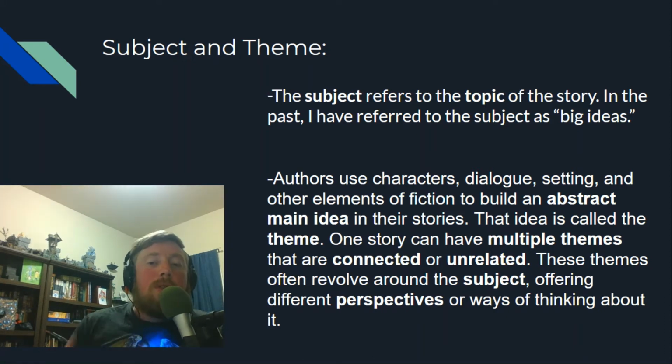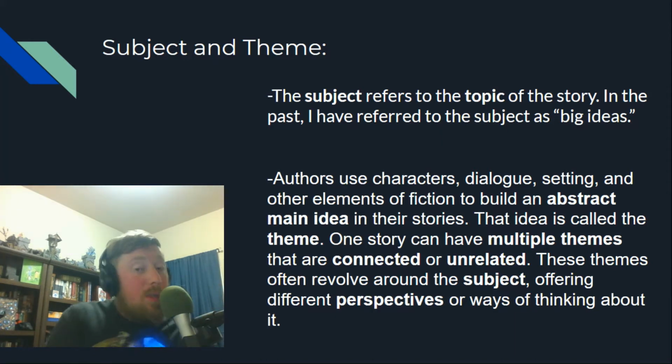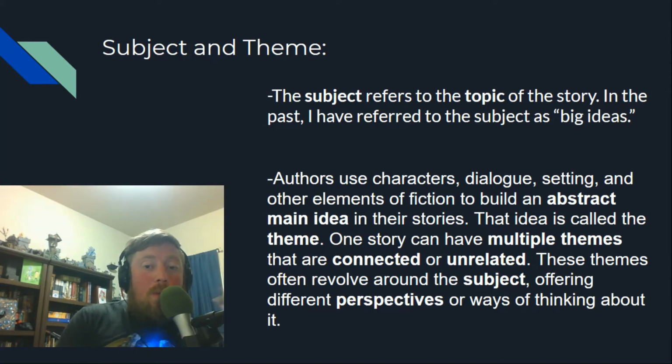And so authors use characters, dialogue, setting, and other elements of fiction to build an abstract main idea in their stories. And that idea, that's what's called the theme. One story can have multiple things that are connected or unrelated. We talked about that whenever we were talking about Finding Nemo, how you have the independence of Nemo, but at the same time you have Marlin trying to trust again and how those butt heads against one another.